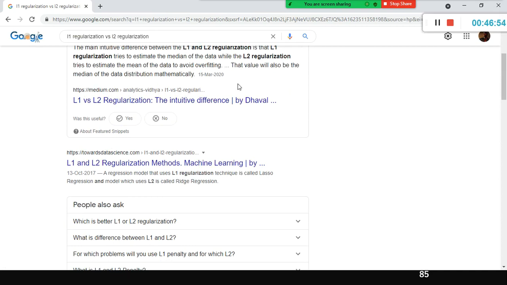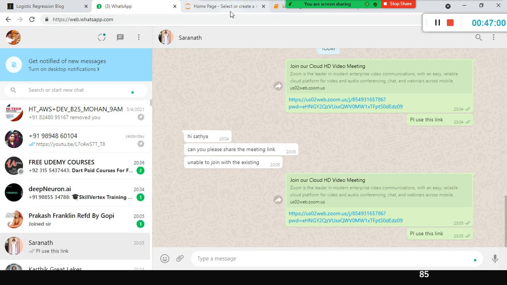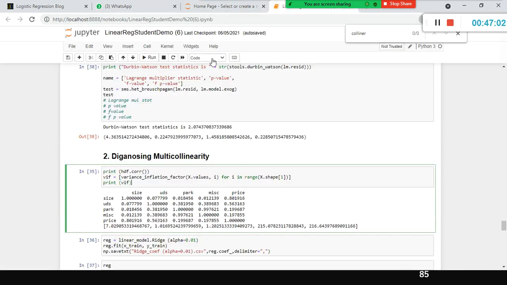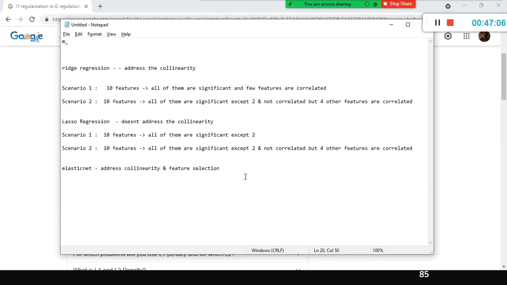A lot of materials are available, and you can also watch my blog, where I put some good content regarding this. So lasso regression is also called L1 regularization, and ridge regression is also called L2 regularization.